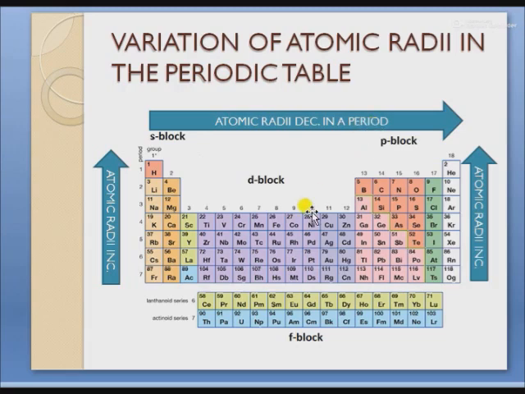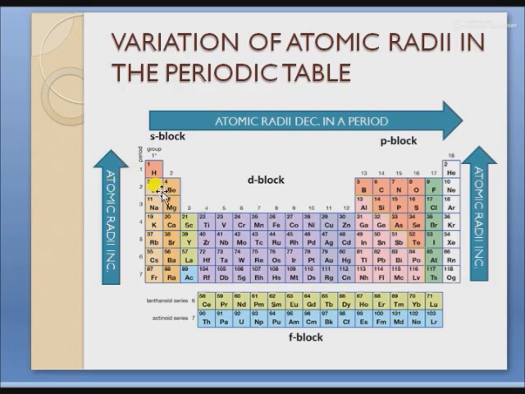This is due to the increase of effective nuclear charge by 1 unit, and the electrons enter into the same shell. The electrons in the same shell do not screen each other, and hence nucleus holds the outermost electrons strongly. This results in the decrease in atomic radius, and hence atomic size decreases.